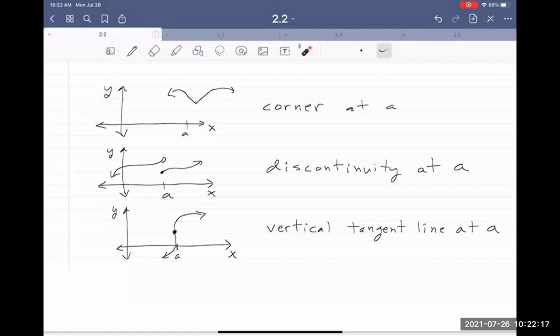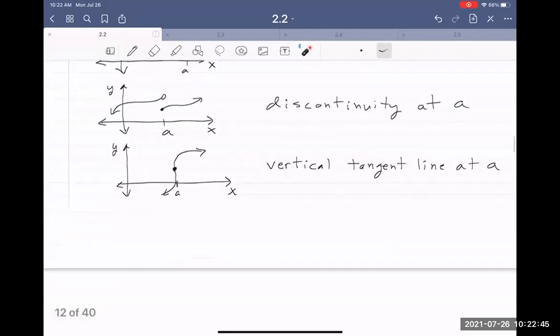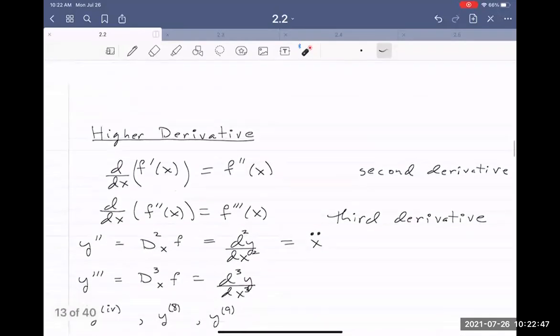Please scratch out from your mind when I said discontinuities; I meant non-differentiability.